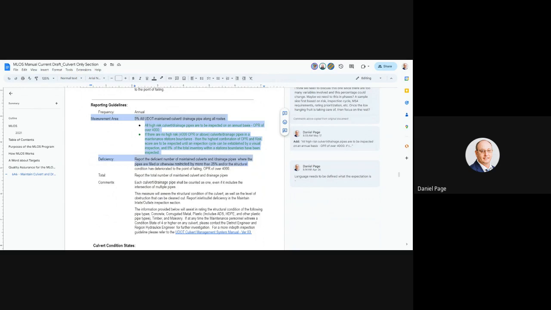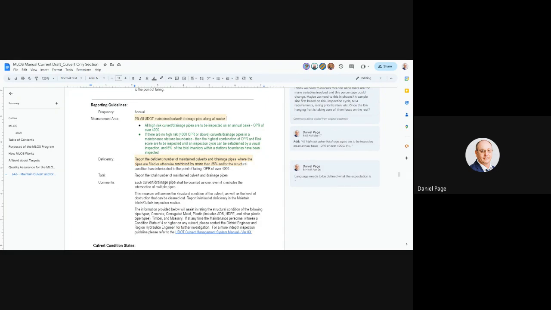So we were trying to refine it so we can tackle the most critical culverts first, but at the same time gain more information on the inventory and its condition, because that's the piece we're missing right now. The proposed measurement for the maintenance folks is 5% of all UDOT maintained culvert drainage pipes along all routes. That was initially put in there.